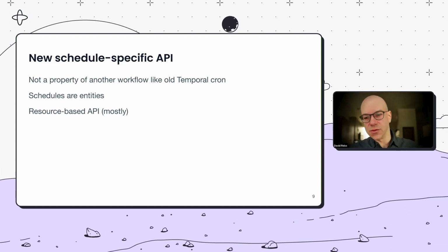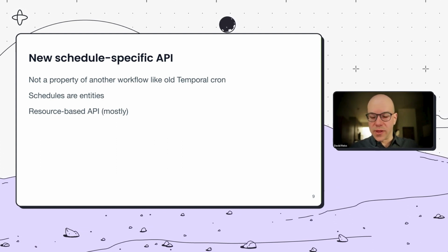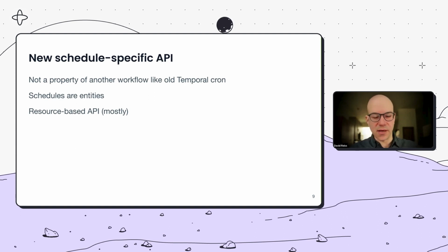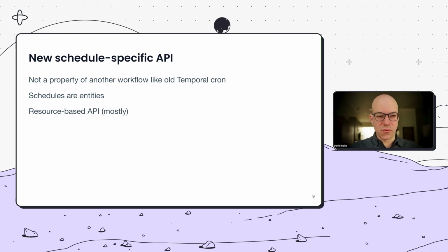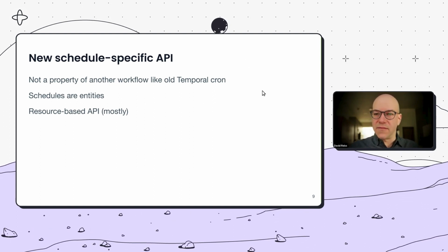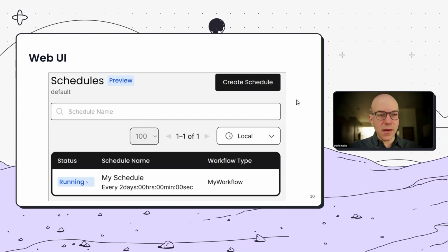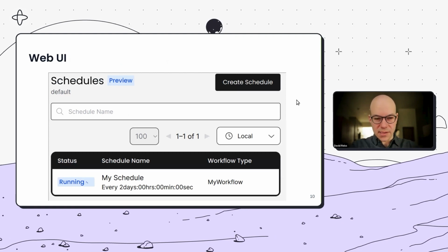You create schedules with a specification where you can include a configuration that includes tons of features, and there's a CRUD style API for manipulating them. And then finally, we made a web UI to make it easy to see what's happening in the system with all your schedules.